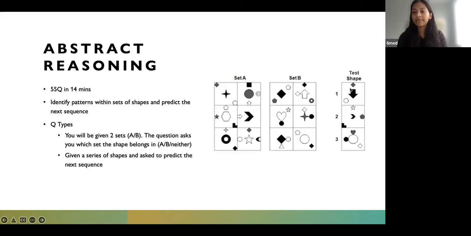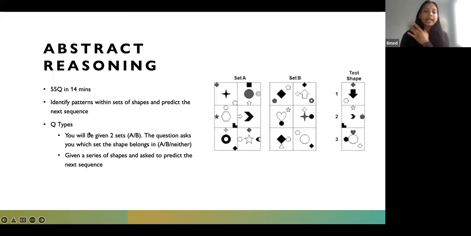And you're trying to see if these test shapes 1, 2, and 3 fit into the sequence of set A, or if they fit into the sequence of set B. So you need to find what's the common sequence in set A, what's the common sequence in set B, and whether this one fits into set A or B. And same with number 2, A or B, and 3, A or B again.